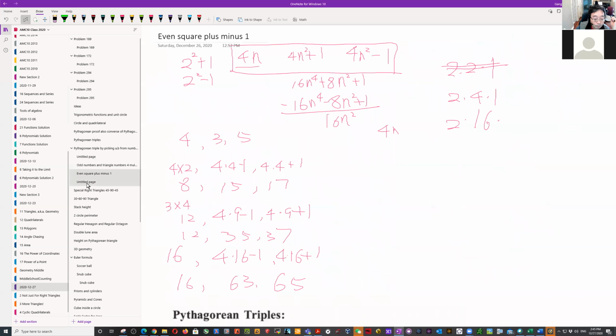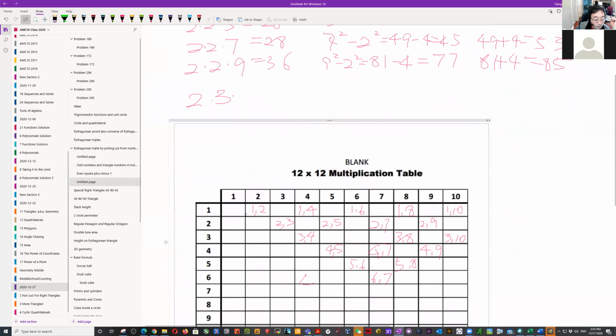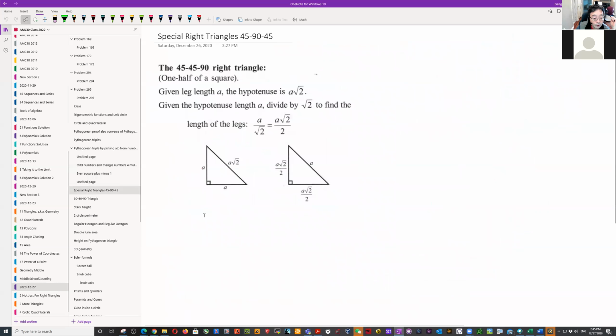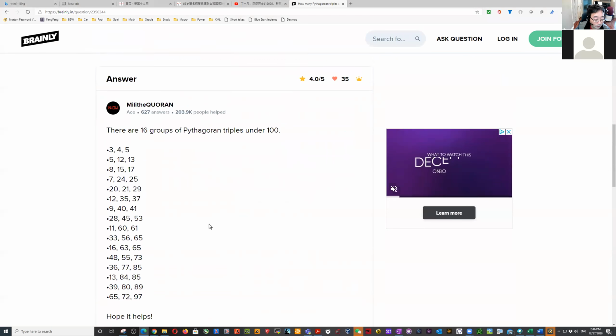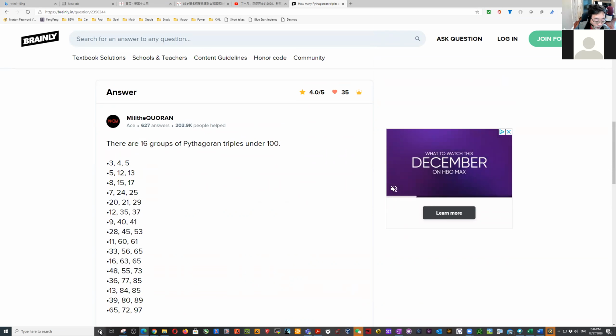And then, above the integer Pythagorean triples, let me copy down those under 100.